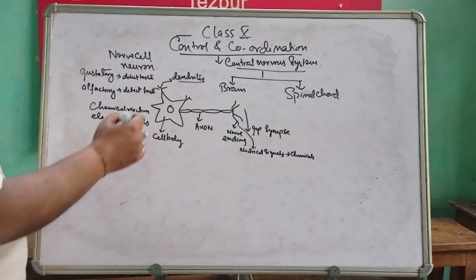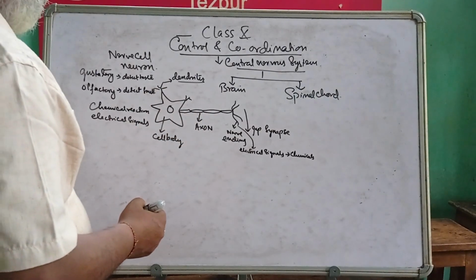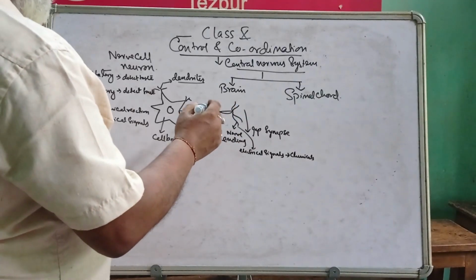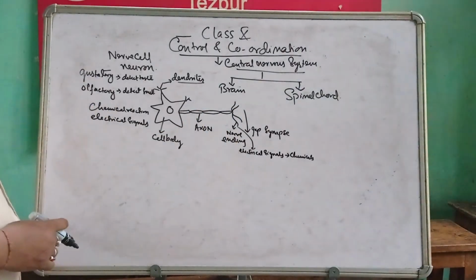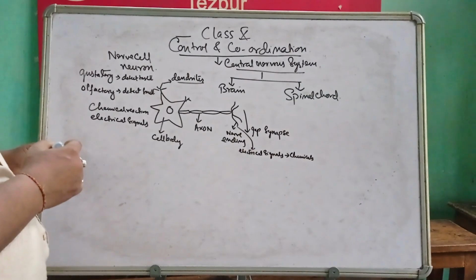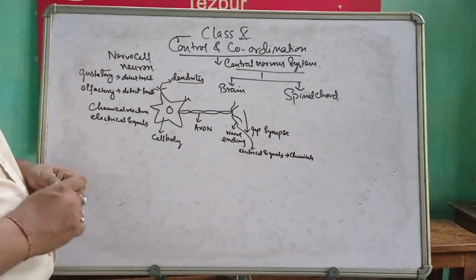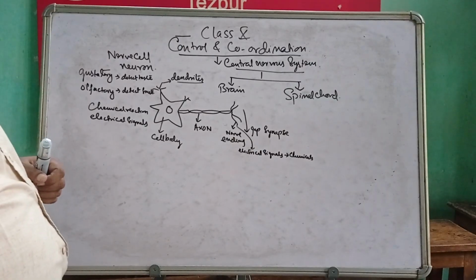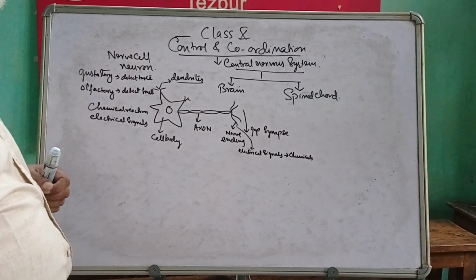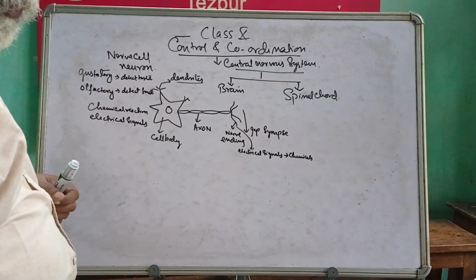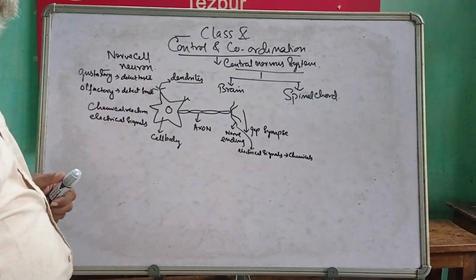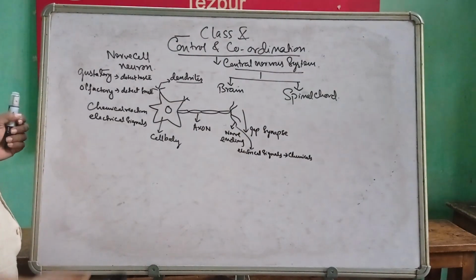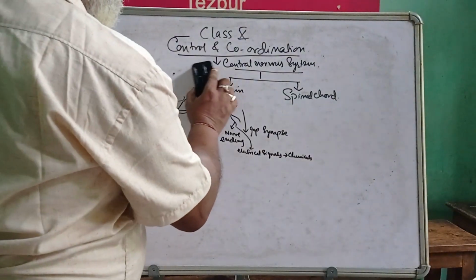So this is the structure of a nerve cell and how the message is carried on. This basic you must learn first. The most interesting part here is your reflex arc. This is the most important point here.